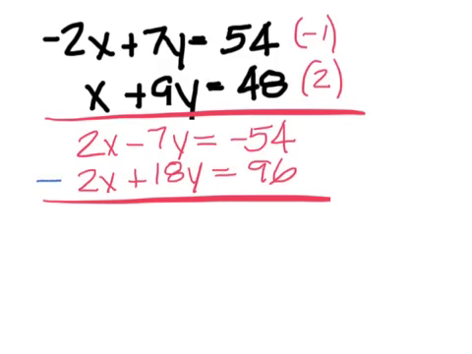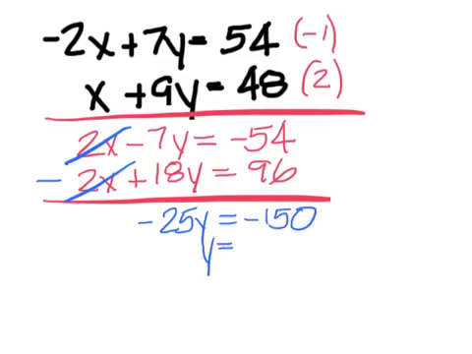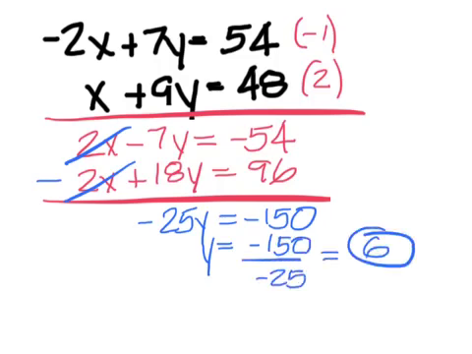The operation is subtraction so that we can get rid of the x's. -7 minus 18 is a -25. And -54 minus 96 is a -150. So I have to divide -150 by -25 to get an answer of 6 for y.